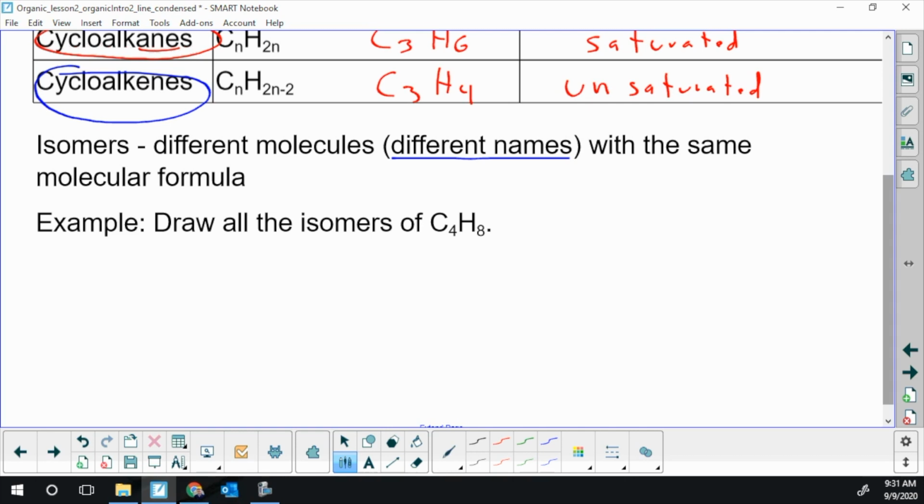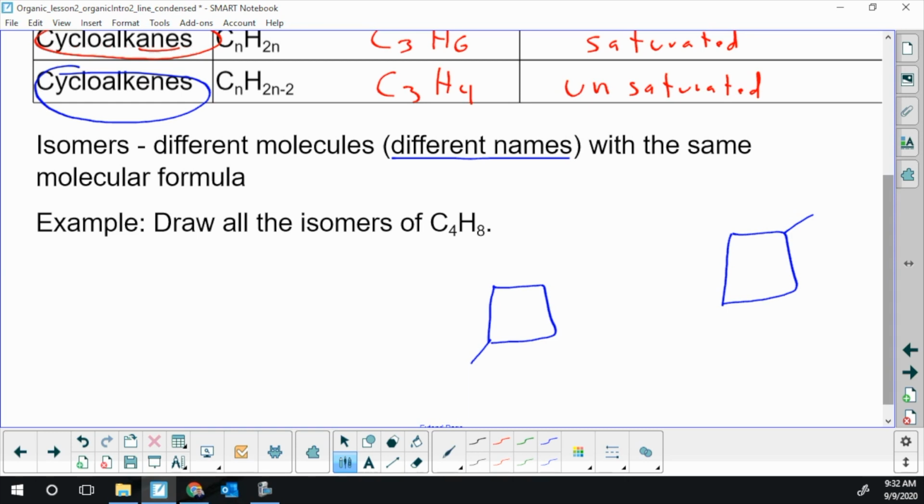Now, I'm going to write something. I don't want you to write it down. I just want to illustrate something that is not different. Okay? I'm going to use a line structure. There's a cyclobutane. I'll make it methyl cyclobutane. What is this guy? Methyl cyclobutane. This guy and that guy are exactly the same.